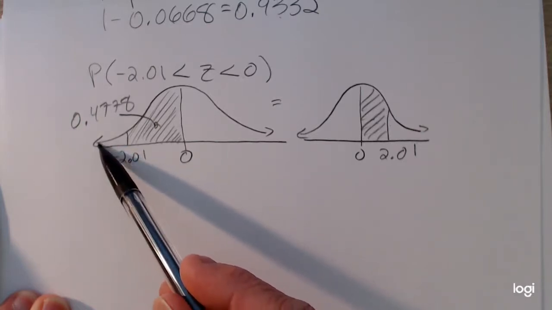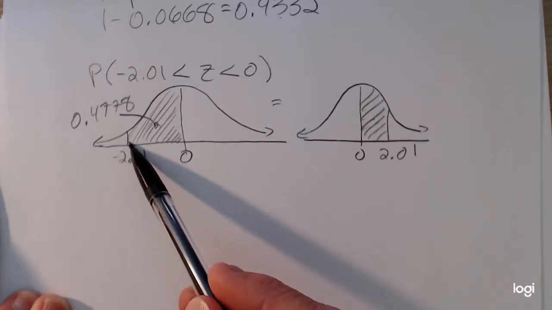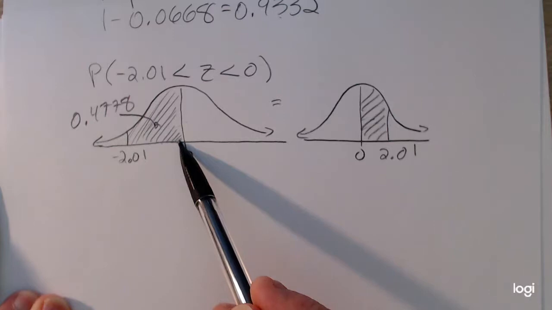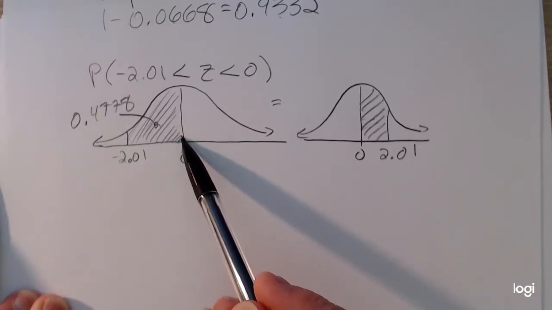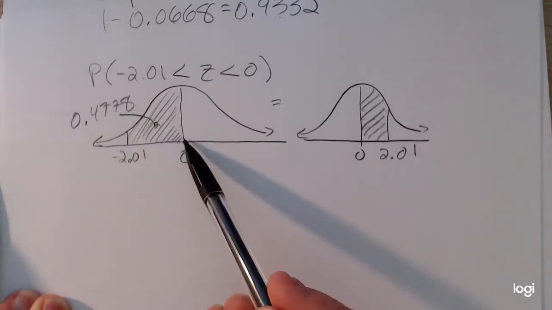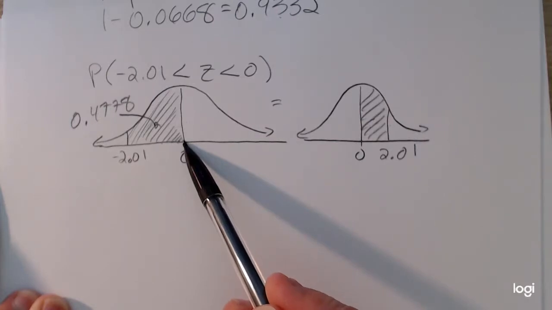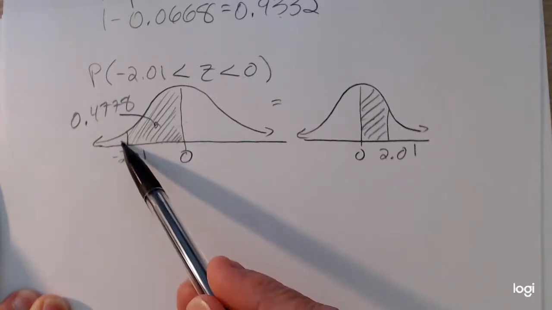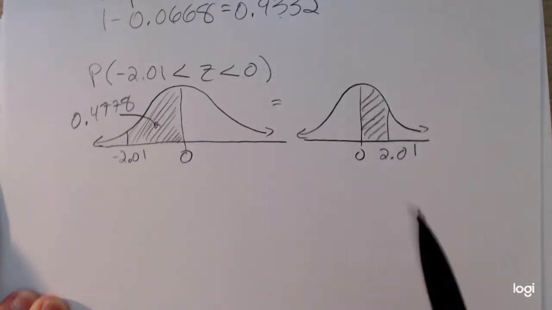Okay, it reads left from negative infinity up to the z-score, and we want this in between area. So what I'm going to do is recognize the fact that if I shade from negative infinity up to 0, I have shaded half of the area. So I can take half of this, or 0.5, and subtract out the piece I don't want.